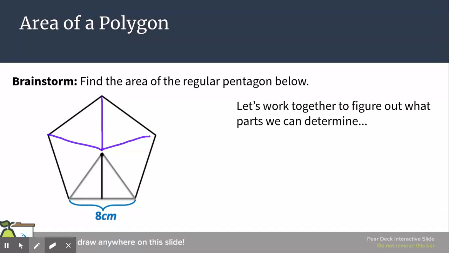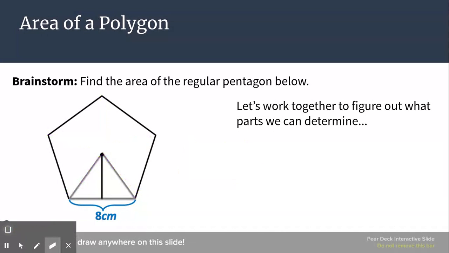If I can find the area of just this triangle, then I'm in business. But there's a problem here because the area of a triangle we know is base times height divided by 2. I don't think I have everything I need for this triangle. I think I have a lovely base of 8 centimeters, but I'm missing this height.